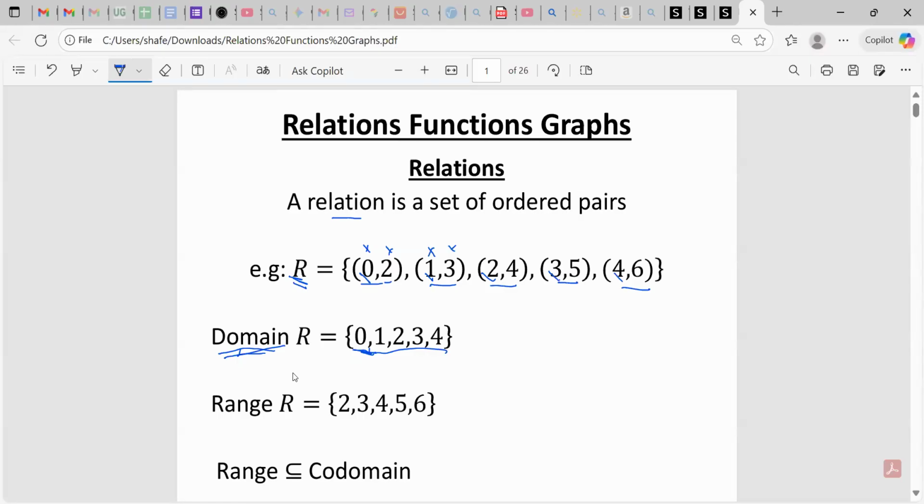And you get out what we call the range. So in this relation, you put in 0, you get out 2. You put in 1, you get out 3. Put in 2, you get out 4. Put in 3, you get out 5. Put in 4, you get out 6. So that set that you put in is called the domain. What you get out is called the range. Clear?